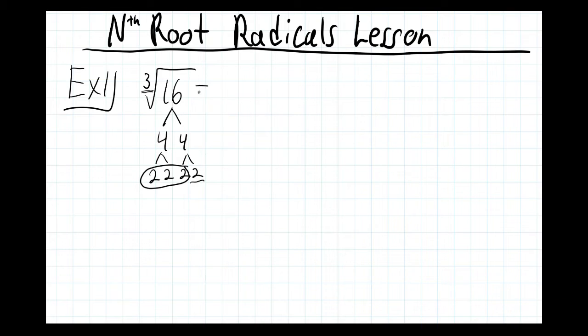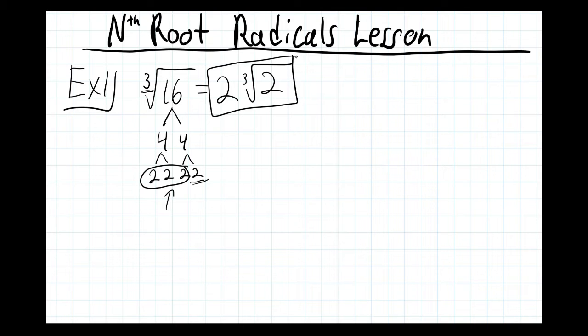So the 2's in this group get moved out in front. For every group of 3 of a number or variable we have, that gets moved out in front. So it is now 2 times the cube root of whatever is left over gets multiplied underneath our radical, and that is just the lone 2 right there. So our final answer is 2 times the cube root of 2.